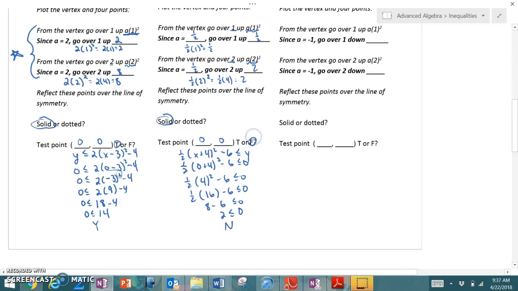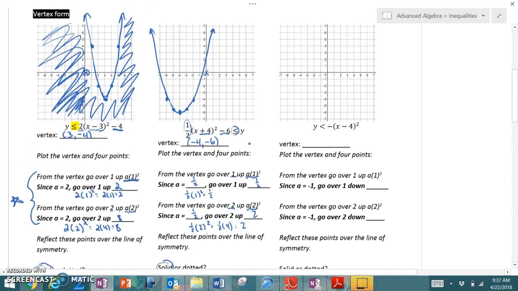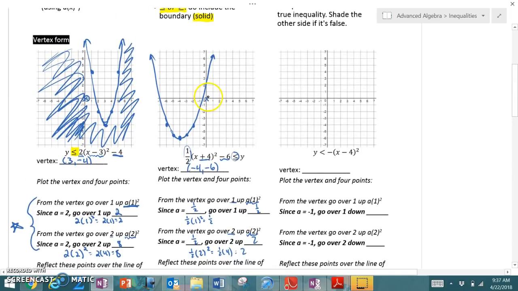Or you could say false, but again, I usually use yes or no. Which means that in this example, this point at 0, 0 is not a solution to the problem. As a result, I need to shade inside of the parabola because that is the part of shading that does not include that point. Okay, why don't you pause this quick and try the third one on your own, and then turn it back on to check your answer.